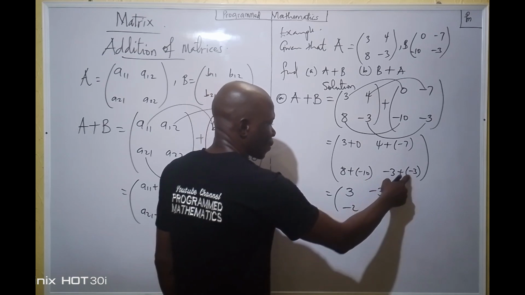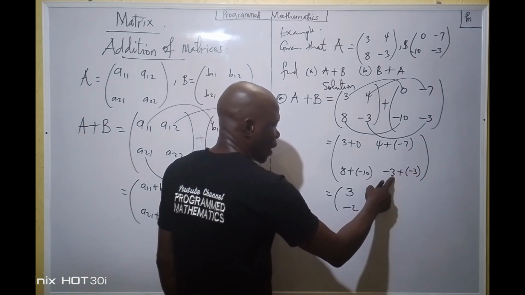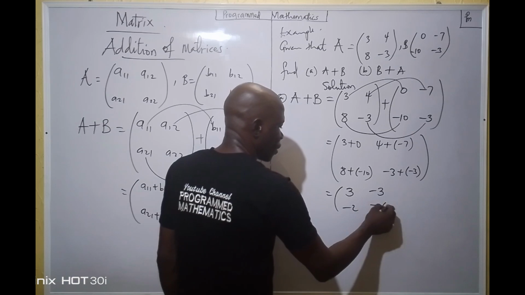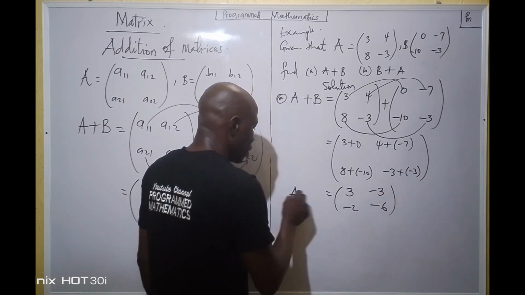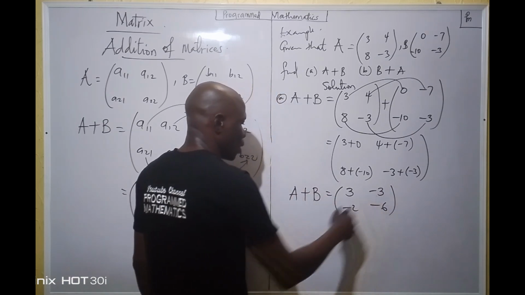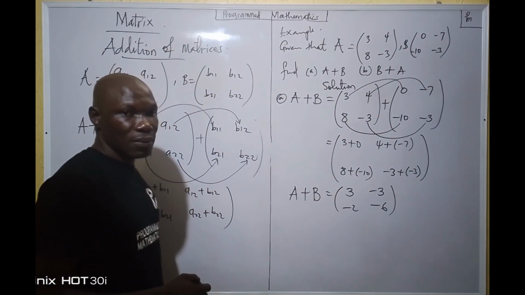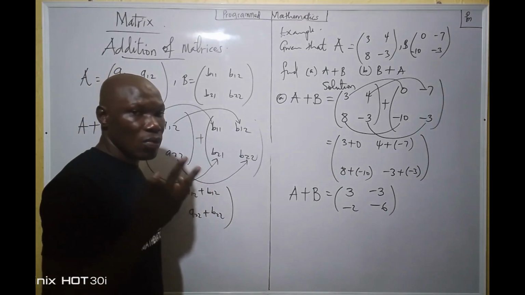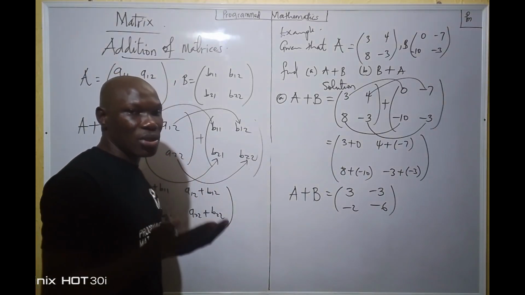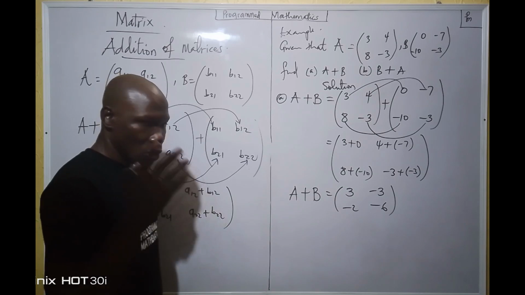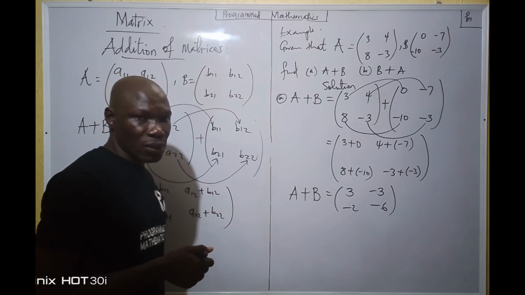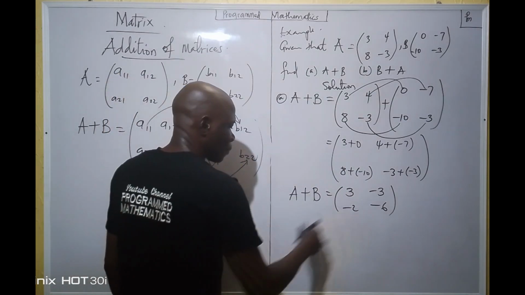Minus 3 plus minus 3, plus times minus is minus, so minus 3 together will give minus 6. So A plus B is simply 3, minus 3, minus 2, minus 6. Don't forget, the moment you combine two or more matrices, either by addition, subtraction, or multiplication, you are always getting a new matrix, like we have here.